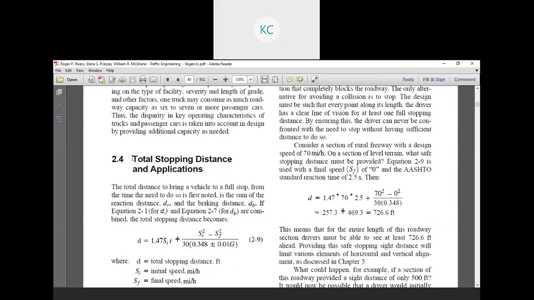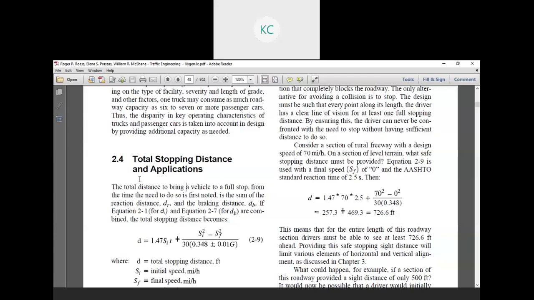The next is total stopping distance and its application. So what is called the stopping distance? When a driver is moving a vehicle at a particular speed on the road, and with the help of vision and hearing characteristics, the driver notes that there is some kind of obstruction in the forward area.